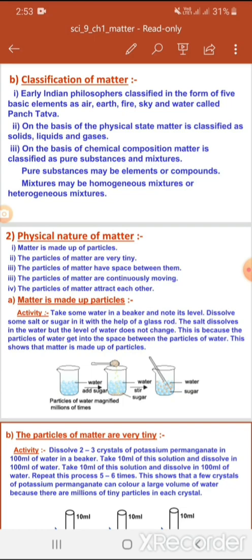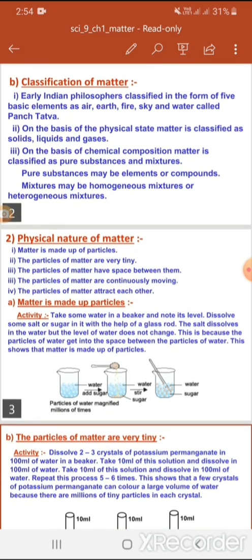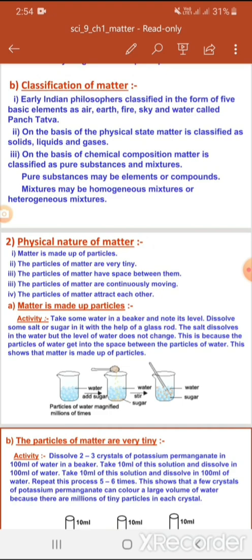On the other hand, on the basis of chemical composition, matter is classified as pure substances and mixtures. For example, a pure substance may be an element like calcium, sodium, or a compound like water, carbon dioxide or glucose.